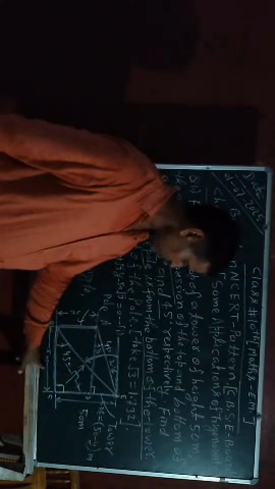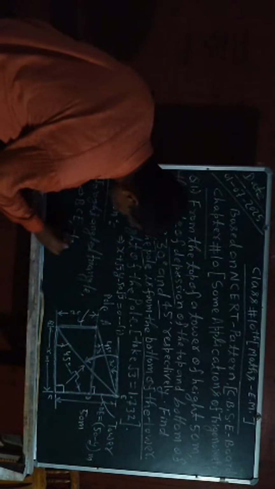So tan theta is equal to perpendicular divided by base. Therefore, I will write tan 45 degrees, in the place of theta I will write 45 degrees.